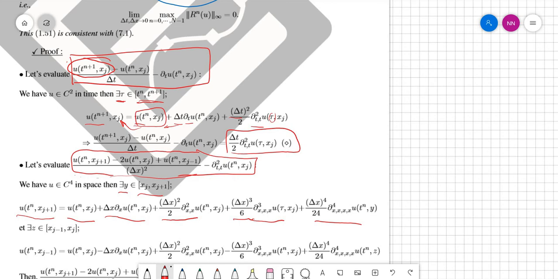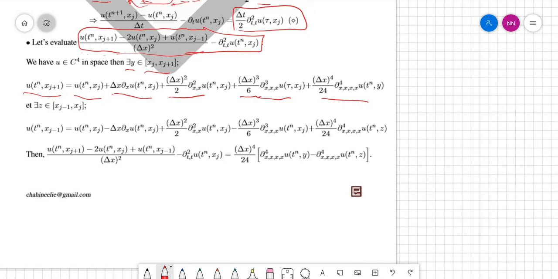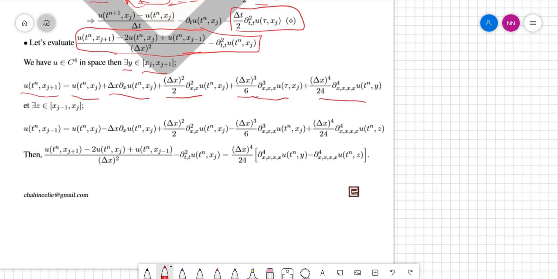Okay, and then we will calculate also the Taylor expansion of u(t_n, x_{j+1}), this first term in here, and then of u(t_n, x_{j-1}), this last term in here, and we keep the middle term u(t_n, x_j) as it is, because it will be cancelled when we do the sum between all the Taylor expansions.